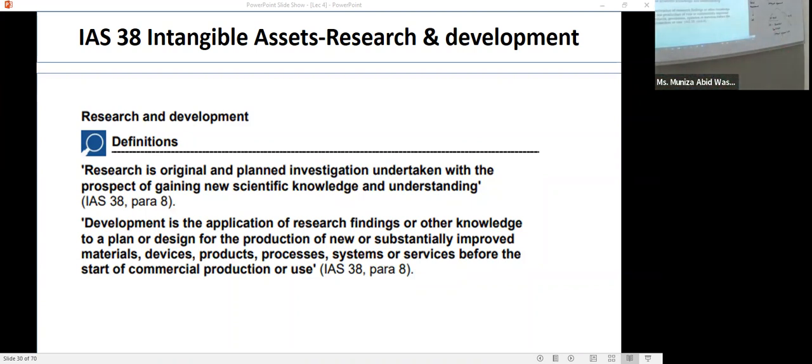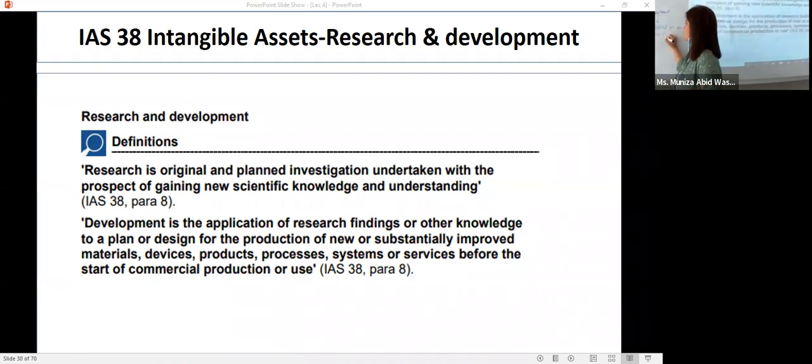So regarding development expenditure, capitalized as an intangible asset if it meets a criteria.